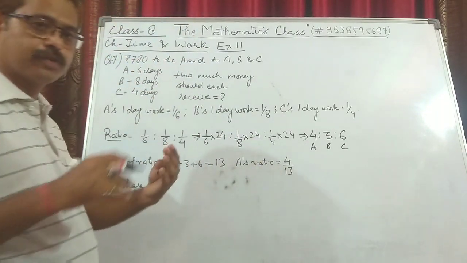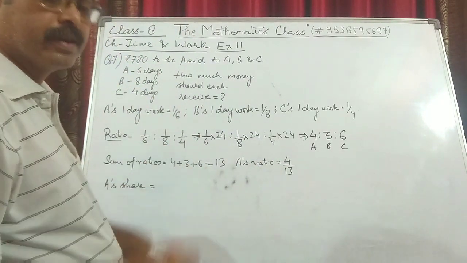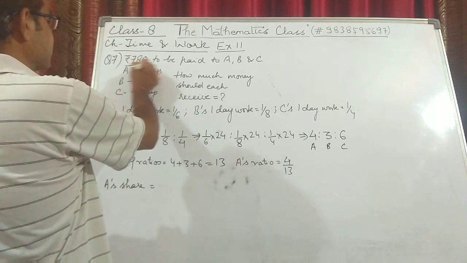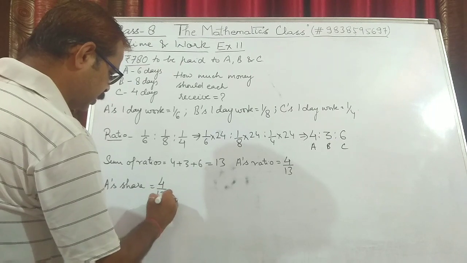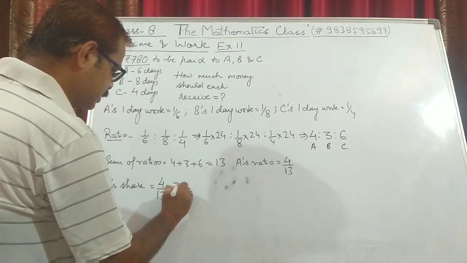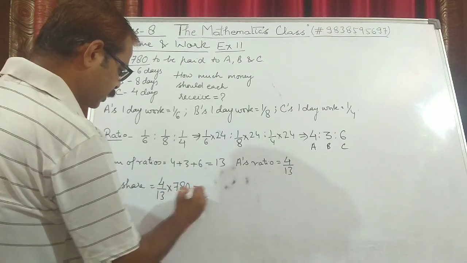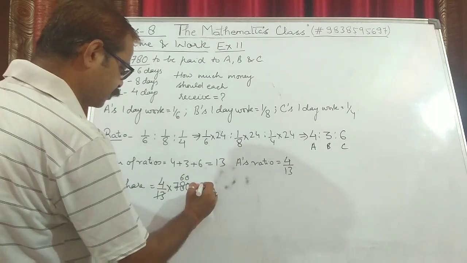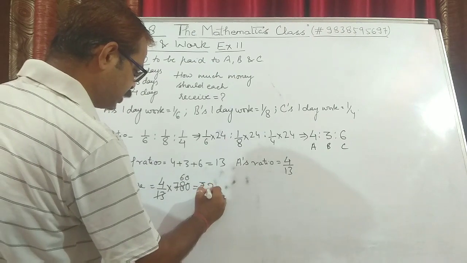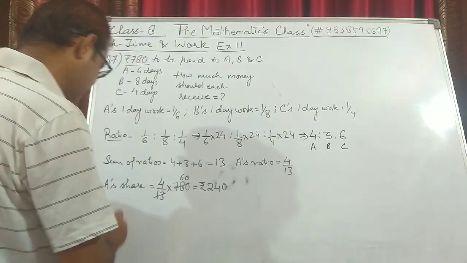4 upon 13 of the total means 4 upon 13 of 780, because 780 was the amount that is to be divided. So 4 upon 13 into 780. Now 13 6s are 78, 6 4s are 24. He will get rupees 240.